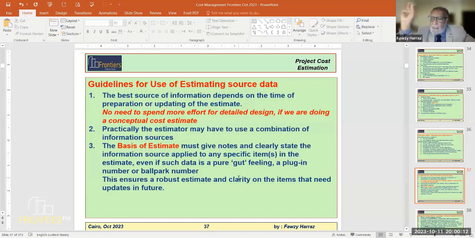But that only applies to the small items in the estimate. There should be a note, so that if management approving asks, where did you get that figure from? You can say it's just a ballpark. So you should be prepared with a qualification and say even if it is a gut feeling or a ballpark.